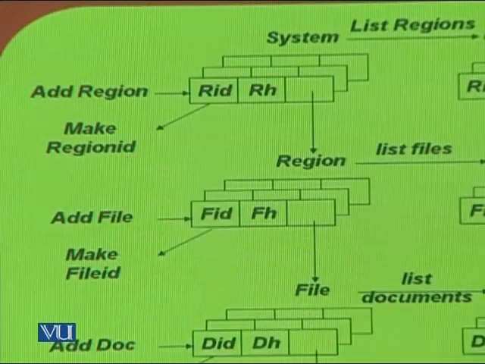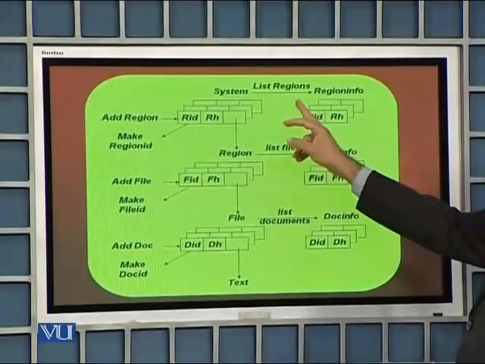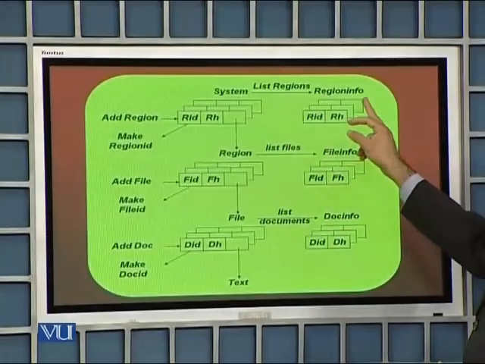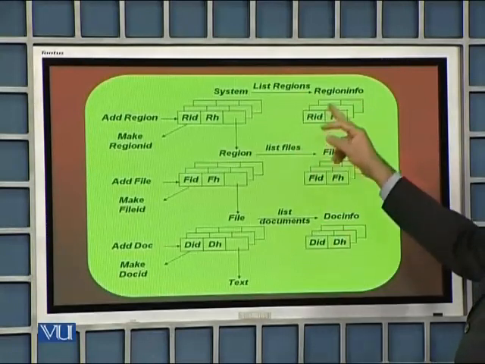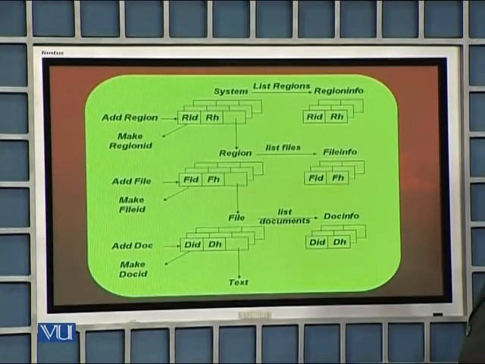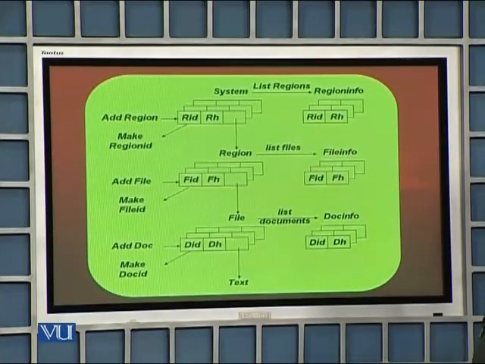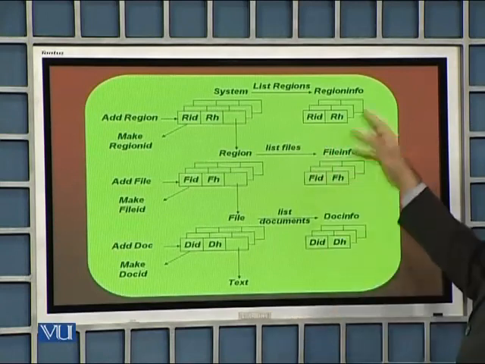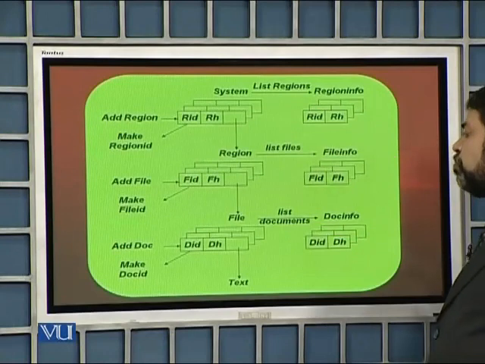That region ID could be used elsewhere in the system. We should be able to list the regions, and when we list the regions, it will produce this region info, which will be a list of region IDs and region headers. So all the region IDs and region headers would be listed just like this structure.